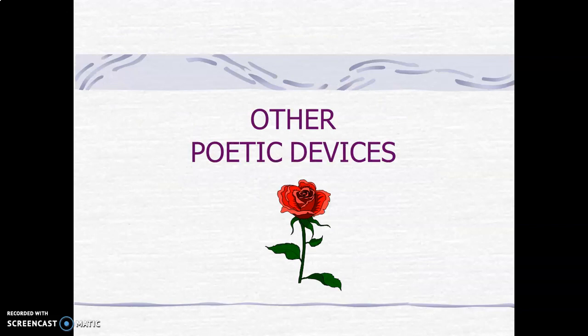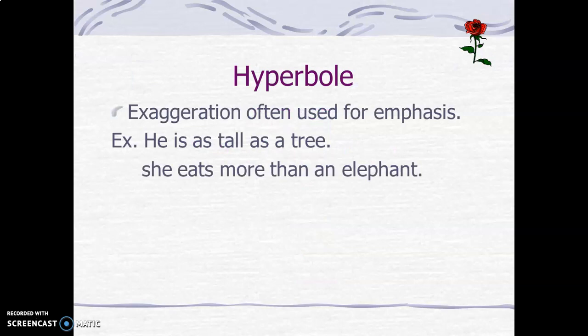Let's move on and talk about some important poetic devices which usually authors use. Like hyperbole. Hyperbole is very important in poetry and in stories. Hyperbole is exaggeration in everything, exaggeration in expressions. Instead of saying he's very tall, which is very ordinary, this is normal language, you can say he is as tall as a tree if you want to say that he is very tall.